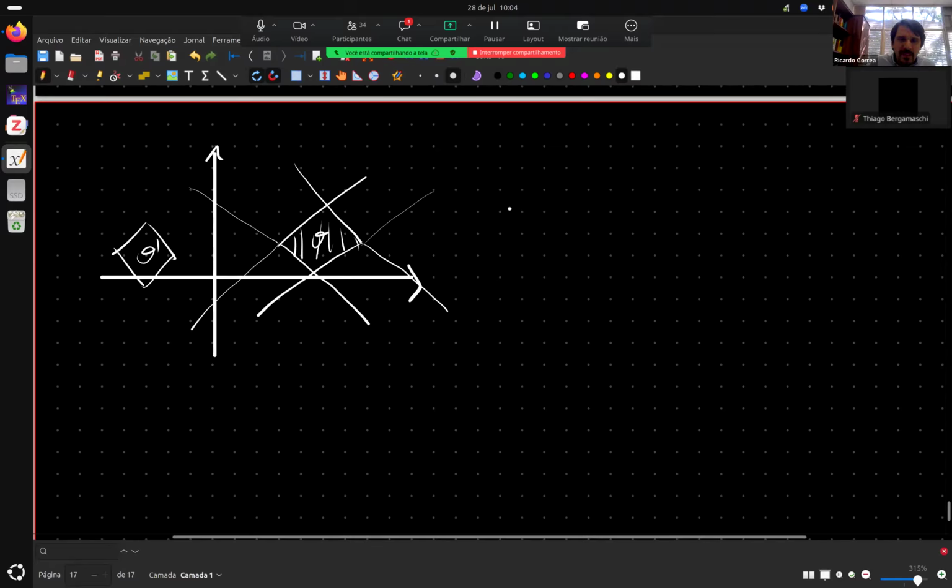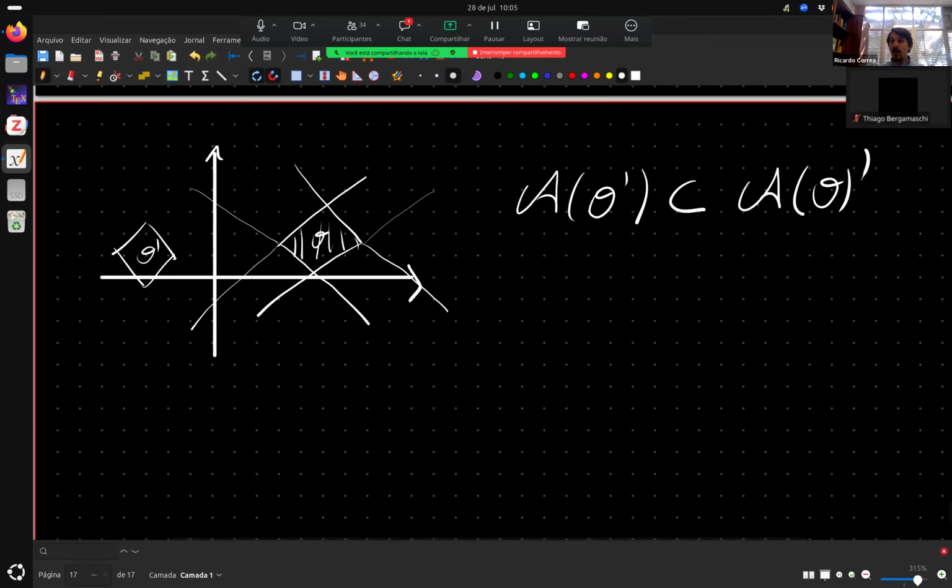Remember that thanks to one of the conditions, Einstein locality, we know that the algebra for the region O prime is contained in the commutant of the algebra of O. And that means that the region O prime and the region O are both cyclic.